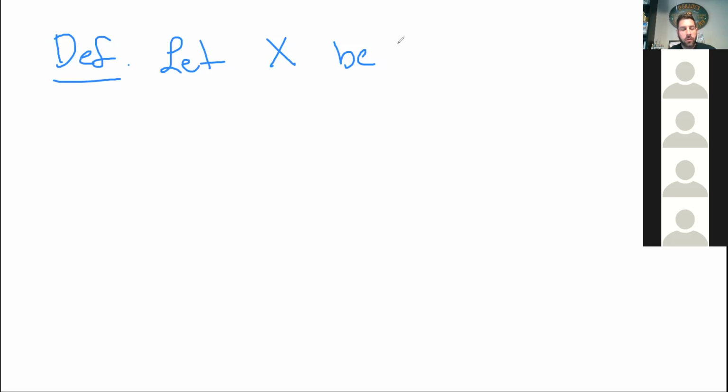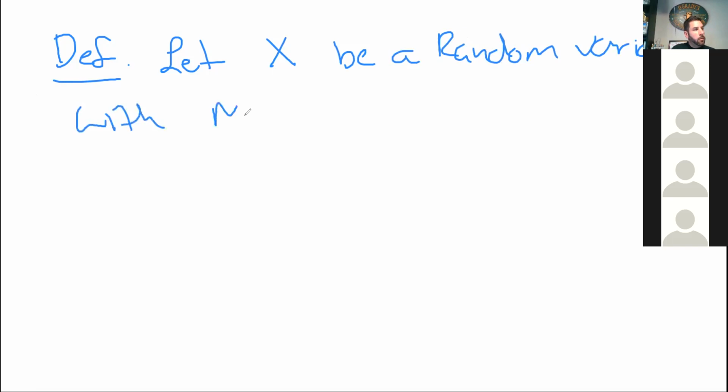So let X be a random variable. And how do we denote its mean? We call its mean mu. It's a Greek letter. That's the standard symbol for mean.